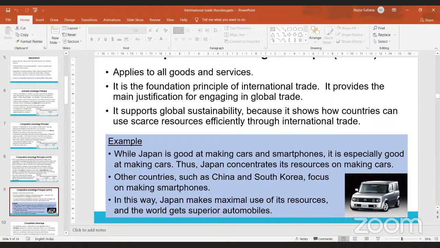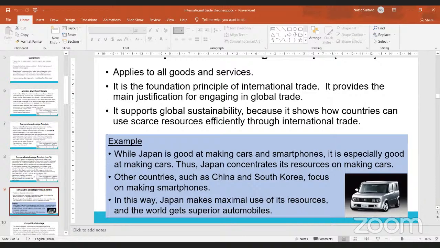When you do that, you will be able to focus better on your items and make them more visible across the countries of the world, and they will know you as an efficient producer of that particular product. So if you see Japan being good at making cars and smartphones, then they can concentrate their resources on either one of the things, make cars or make smartphones.